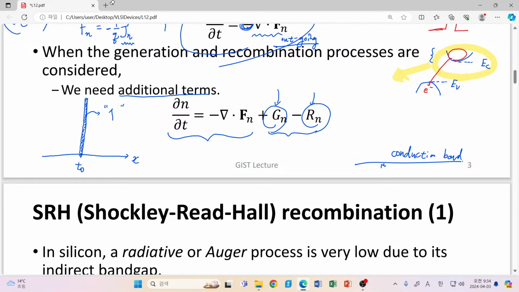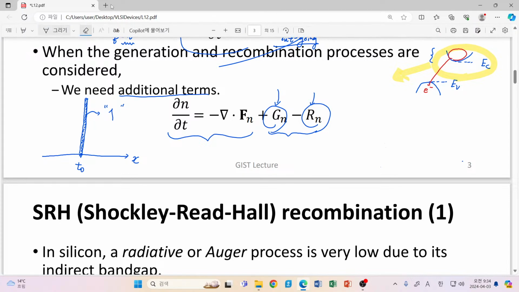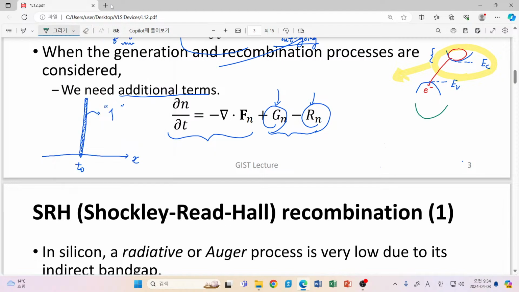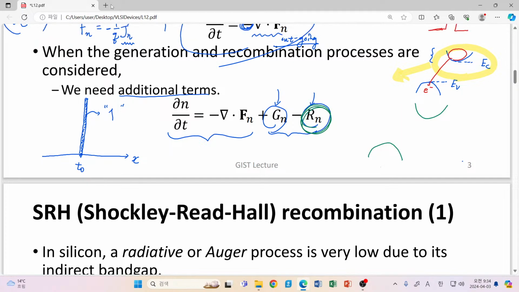Although we say that one electron is removed, actually this is not a single event. In order to have this R sub n recombination of electron, we have to have some case like this. Then what will happen? From the viewpoint of our conduction band, we will say that, oh, we lost one electron. One electron was gone.